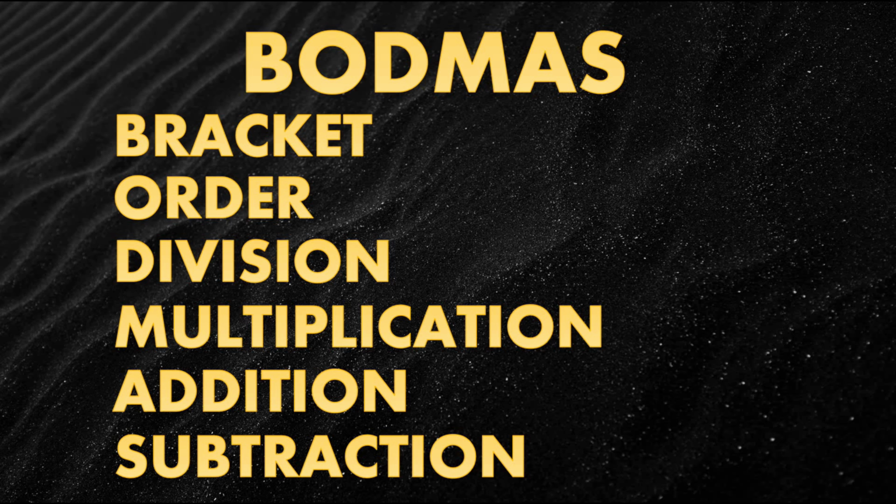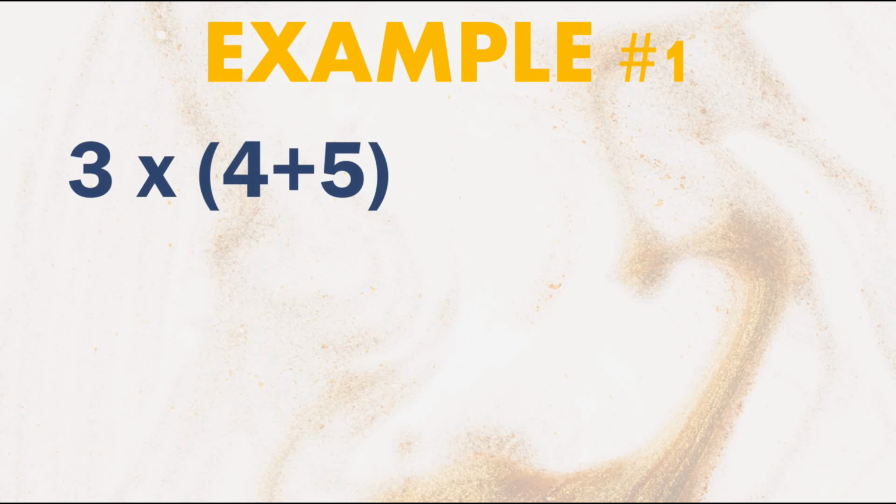Let's go to the first example. Example number 1: we have 3 times the quantity of 4 plus 5. For this tutorial, I'll be using PEMDAS because I'm used to that acronym. P for parentheses, so we have 4 plus 5, and we do 4 plus 5 first.